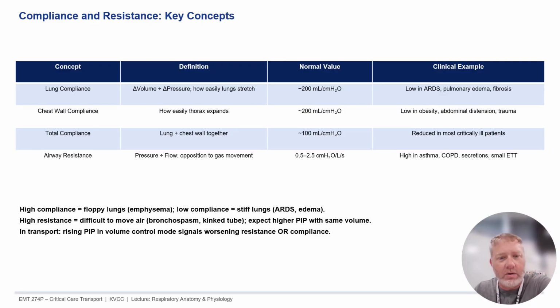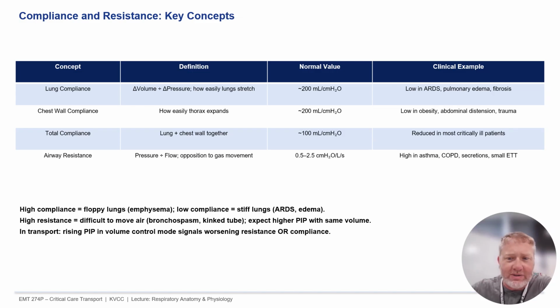Anytime we talk about the airflow going into and out of the lungs, with regards to pressure and volume and flow, we always take into account the patient's compliance and resistance.